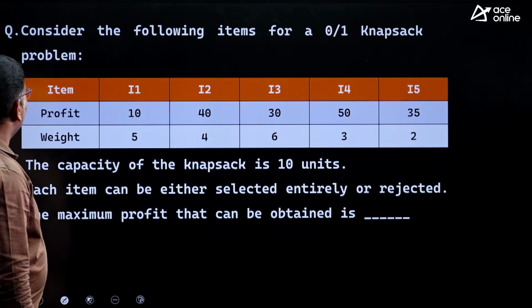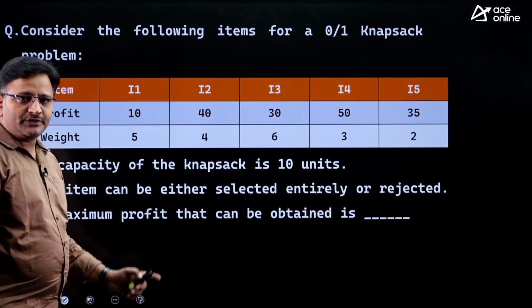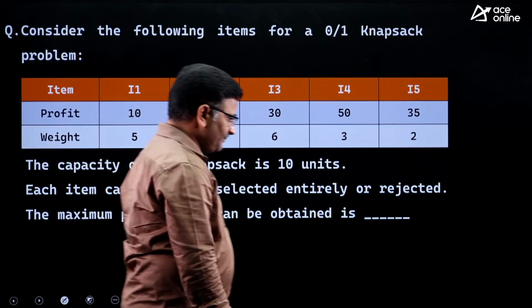Next one. So this problem is based on the 0/1 Knapsack problem. Just look at the problem.